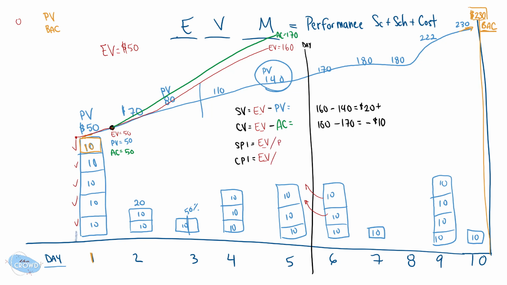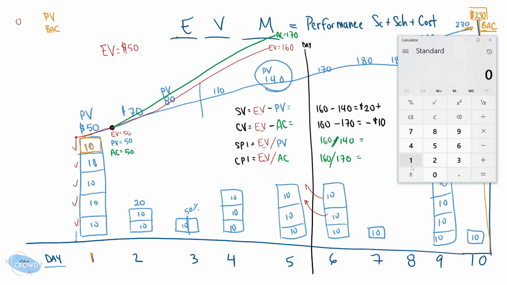For the schedule performance index, we divide EV by planned value, and for the cost performance index, EV by actual cost. Plugging those numbers in, we have 160 divided by 140, and 160 divided by 170.